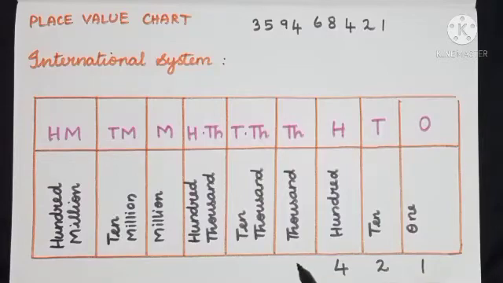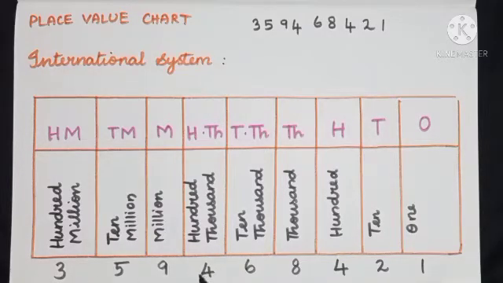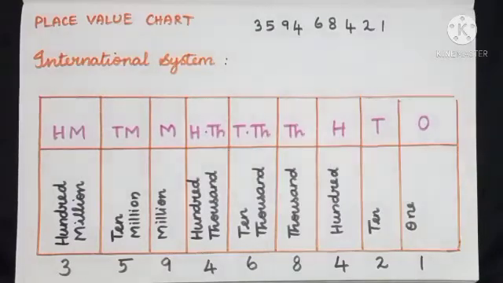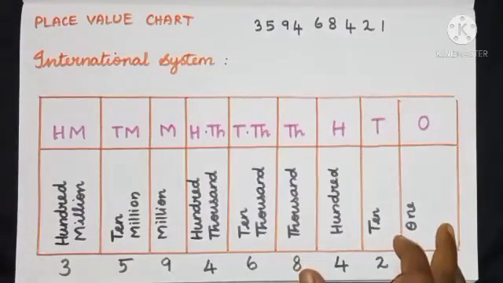Then 8 in the place of 1000, 6 in the place of 10,000, 4 in the place of 100,000. 9 in the place of million, 5 in the place of 10 million, 3 in the place of 100 million. Now you can easily read it as 359,468,421.